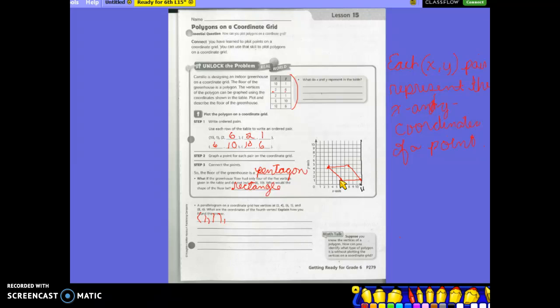Oh, I have that one too. Okay. 8, 4. Okay. So then there we would have a parallelogram. So there's another ordered pair. 11, 1.